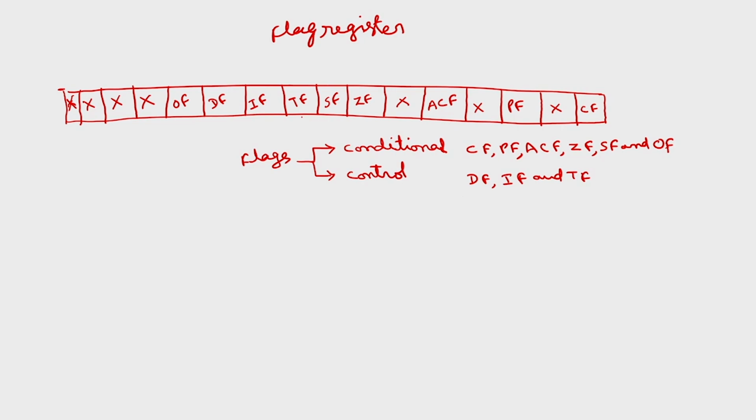So he can set or reset the control flags, and accordingly there will be some control action. Coming to the conditional flags, the first is the carry flag. The carry flag has only two conditions, set and reset. The carry flag is affected by arithmetic operations, addition as well as subtraction.